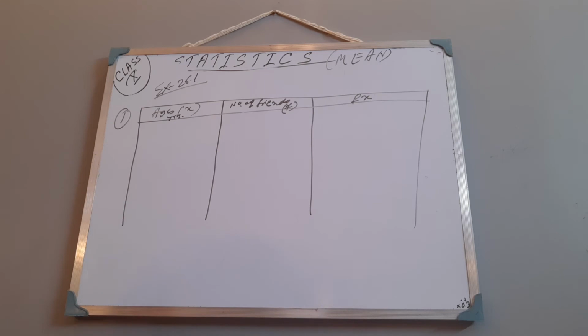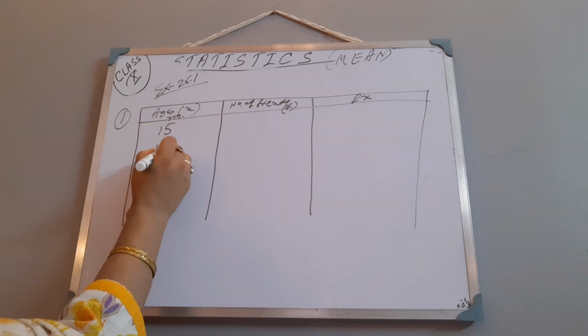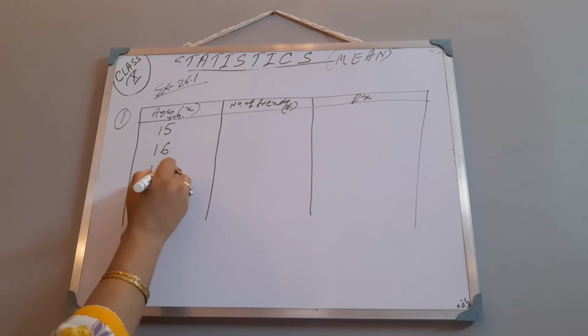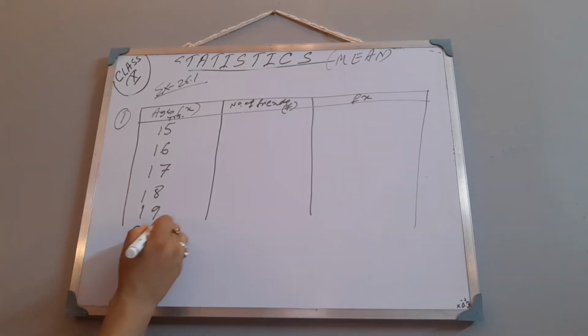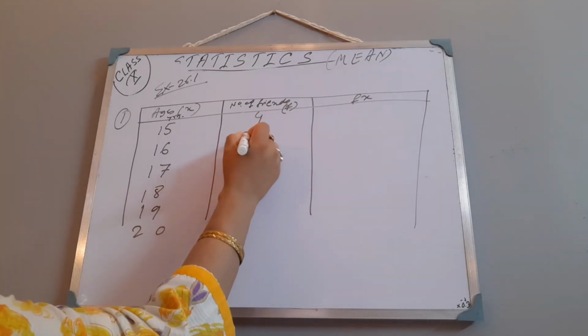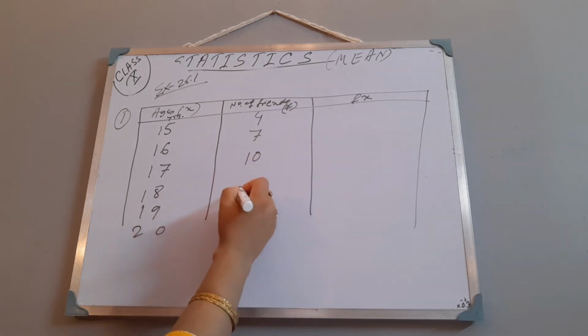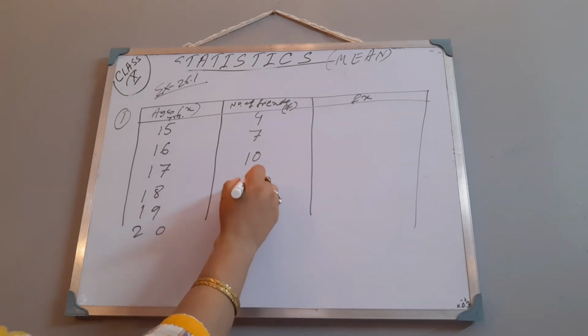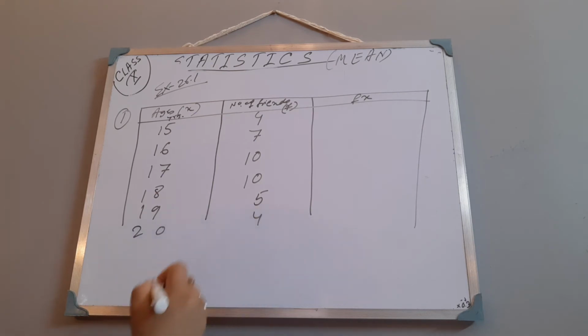Let me write. The ages are 15, 16, 17, 18, 19, 20, and the number of frames are 4, 7, 10, 10, 5, 4.